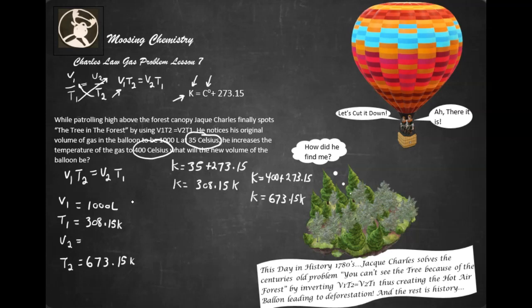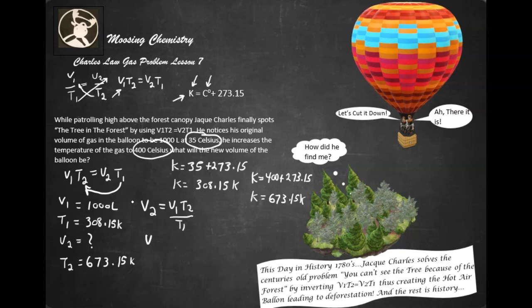So now we're looking for our second volume, because that's going to be our new volume. When we do that, we want to change the formula V1 T2 equals V2 T1 by moving the T1 underneath. And when we do that, we write V2 equals V1 T2 over T1.